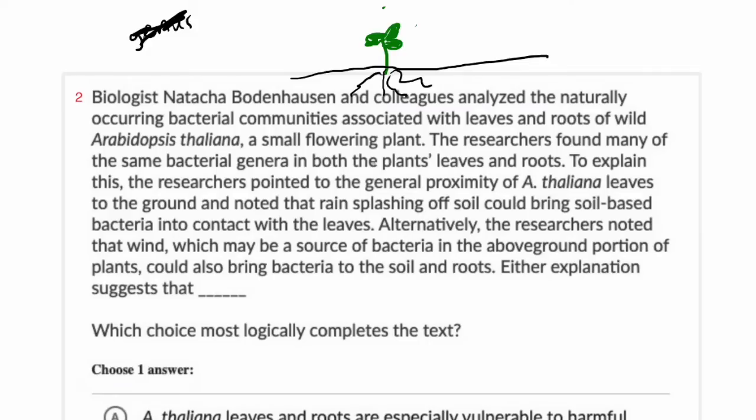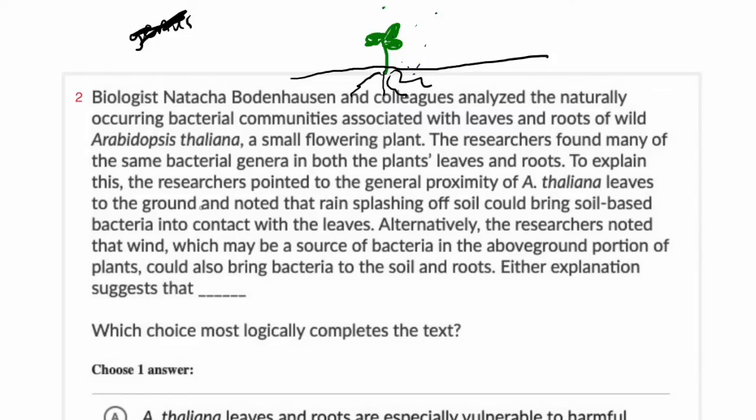To explain this, the researchers pointed to the general proximity or closeness of A. thaliana leaves to the ground, so these leaves are close to the ground, and noted that rain splashing off soil could bring soil-based bacteria in contact with the leaves.